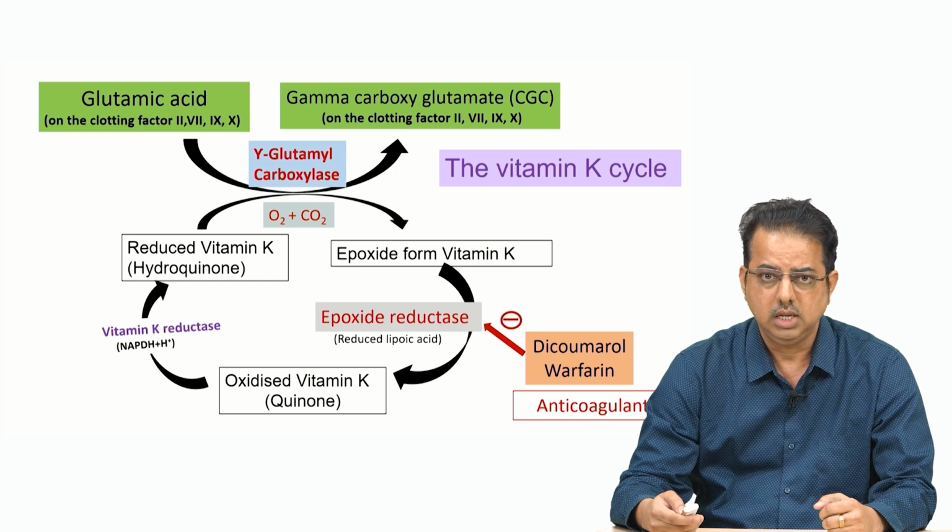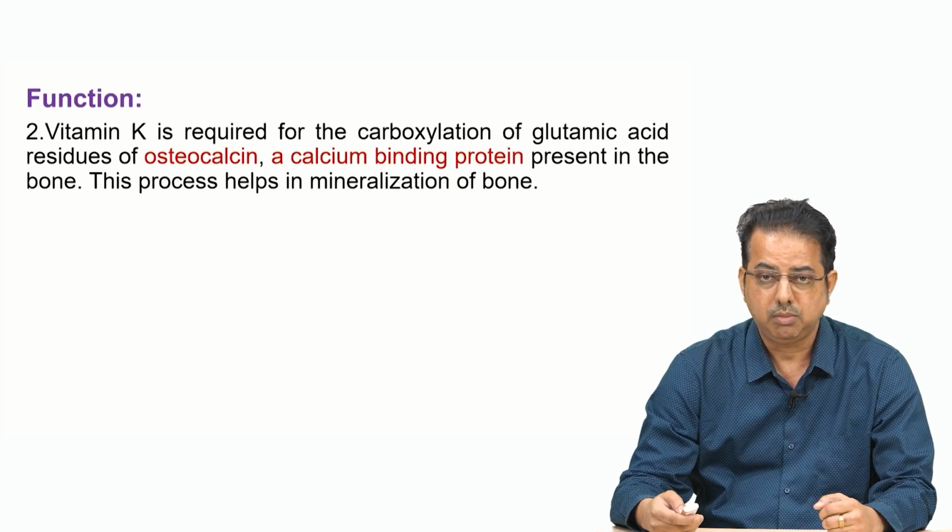Next, we will see the second function of vitamin K, which is again carboxylation of glutamic acid residues on a protein called osteocalcin. What is this osteocalcin? Osteocalcin is a calcium binding protein present in the bone.